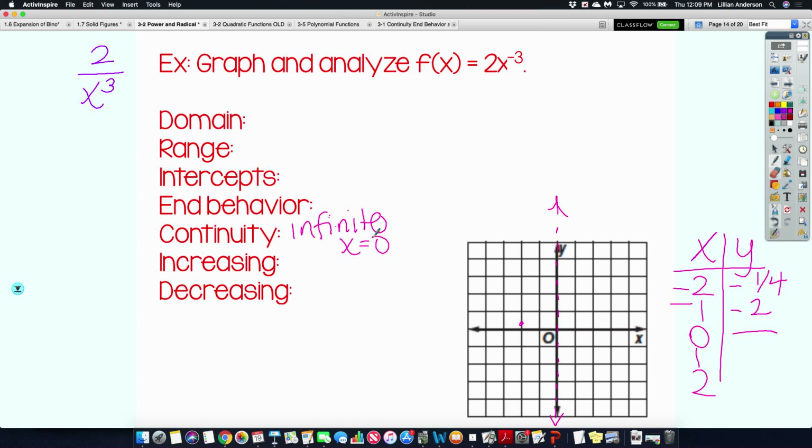It has that break there. Okay? Oops, and I put this down in the wrong spot. Sorry, -1/4, -2. And when I plug in 1, 1 to the third power is 1, and then 2 over that gives me 2. Then 2 to the third power is 8. 2 over 8 gives me 1/4.